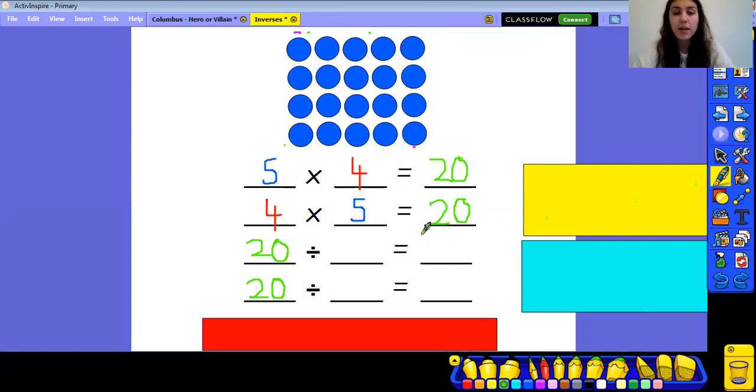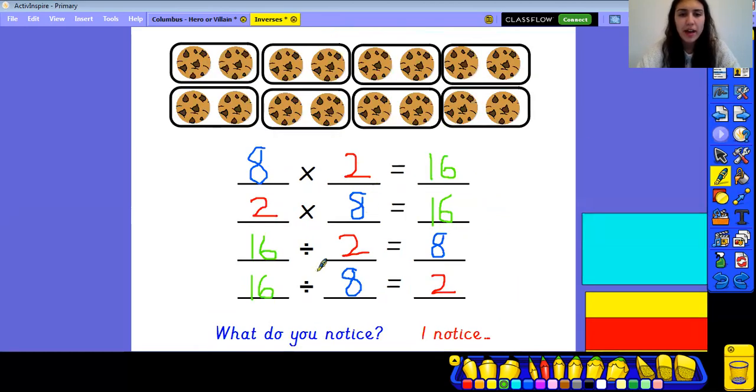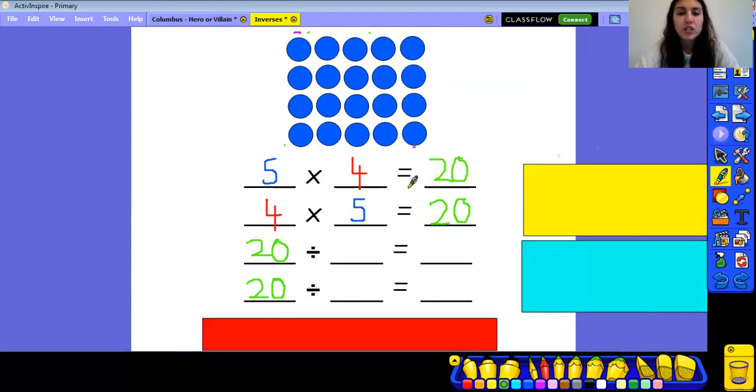So I could say that now I'm not going to say I'm going to group them into 10, for example, because 10 is not one of my factors. And if we go back to this, we know that our division equations will be using the factors of our multiplication. So this cannot be 10, for example, because we don't have groups of 10 being represented here.